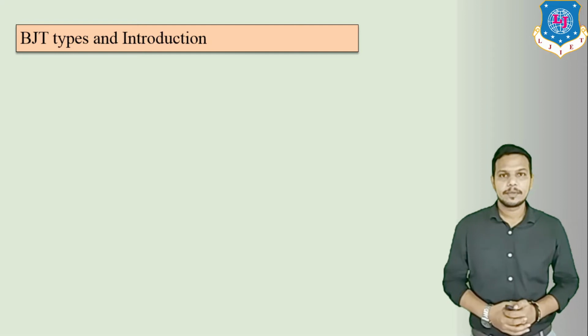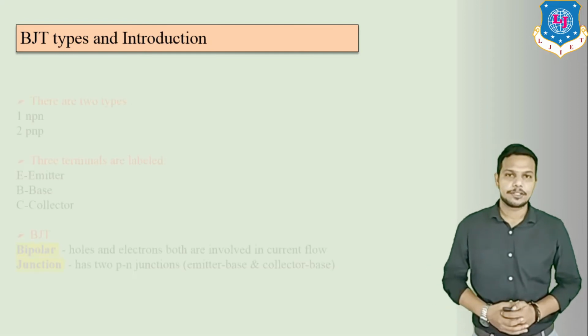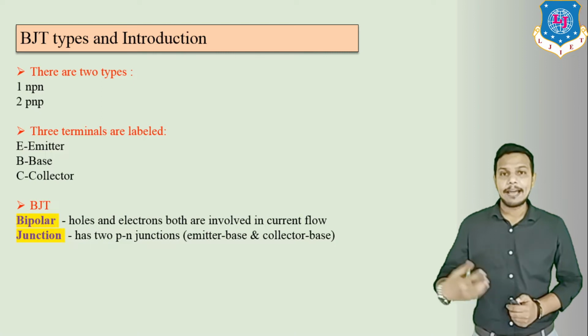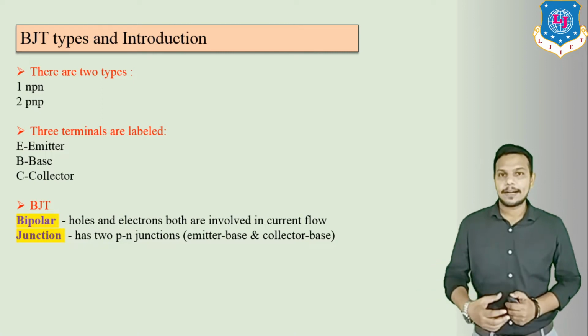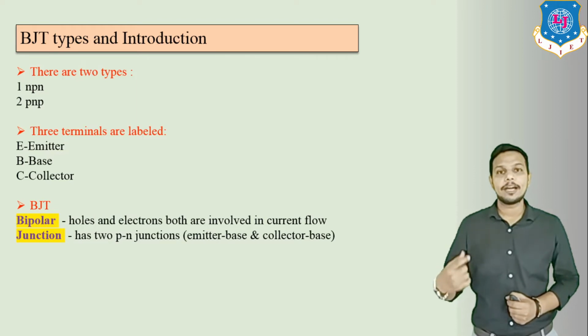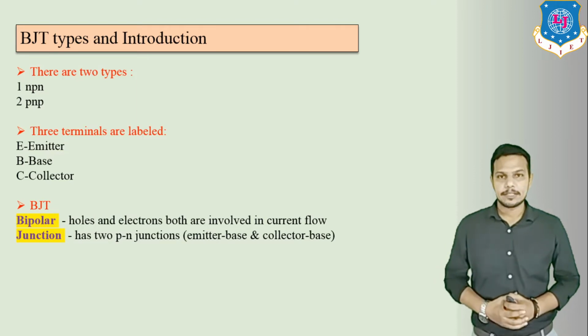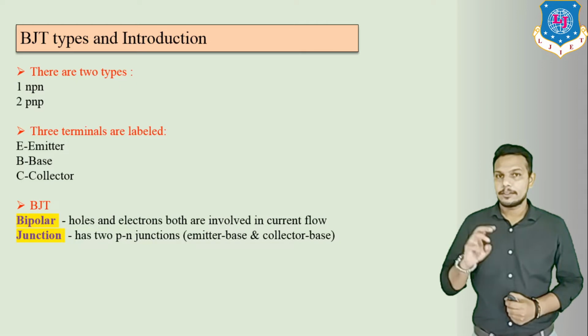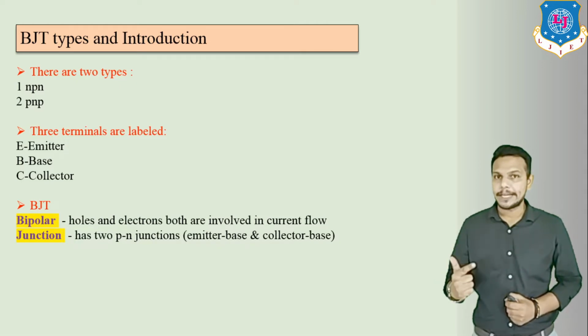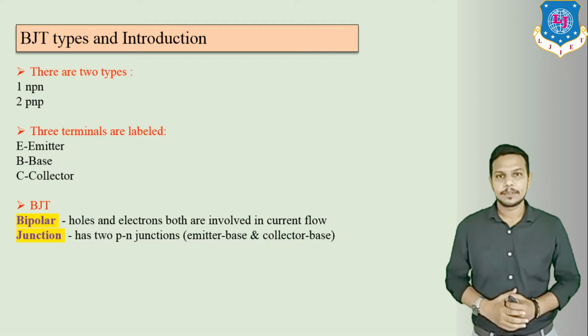So, BJT types and its introduction. Here BJTs are divided into two types: number one is NPN, number two is PNP. We have seen in the diode there are two types of material, P type and N type, so we connect two terminals. But here there are three layers of material: N type, P type and again N type.